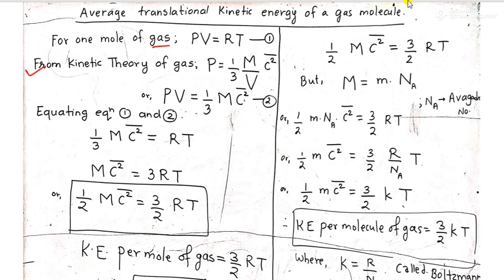Again, from the kinetic theory of gas, we know that P is equal to 1 by 3 rho c square bar, where c square bar is the mean square velocity.